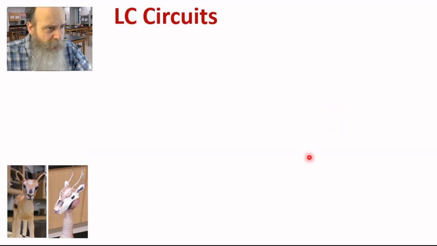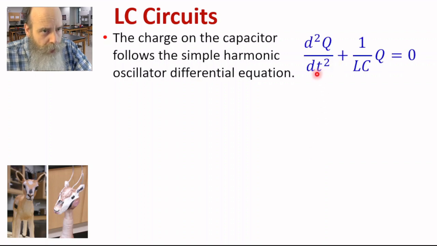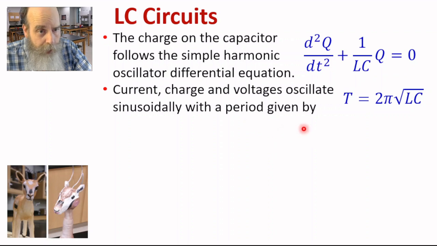Here's a summary of what we talked about today. First of all, in an LC circuit, the charge on the capacitor follows the simple harmonic motion oscillator differential equation: d2q by dt squared plus 1 over LC times q equals 0. The solutions for current, charge, and voltage oscillate sinusoidally with a period given by T equals 2 pi square root LC.